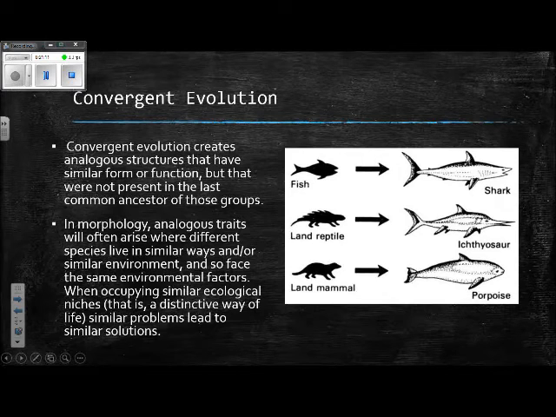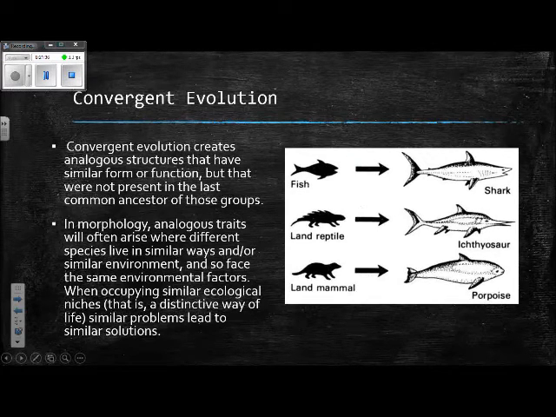Okay, so convergent evolution. Convergent evolution creates analogous structures. Analogous structures are just structures that are the same between different species. So they have a similar form or function, but are not present in the last common ancestor for those groups.